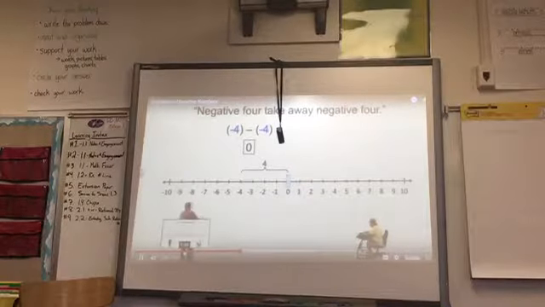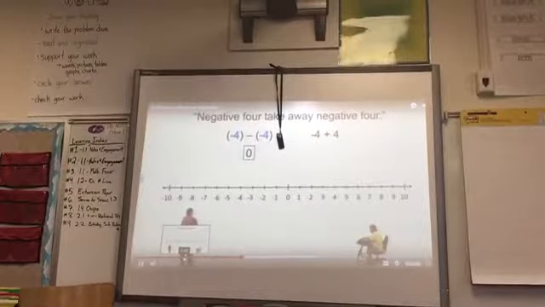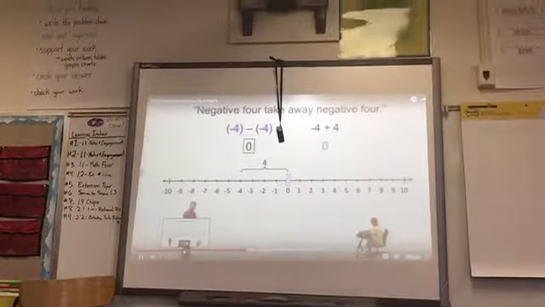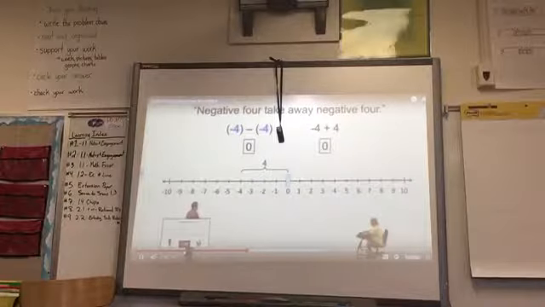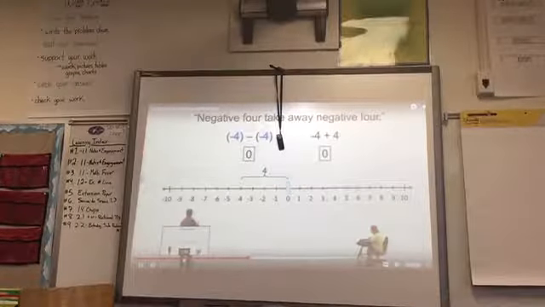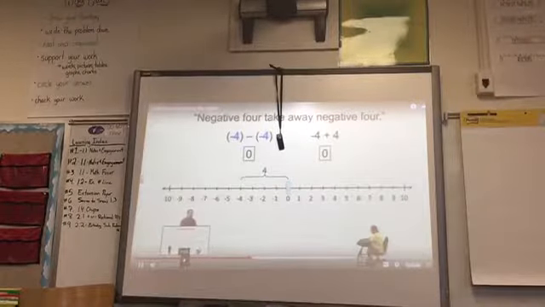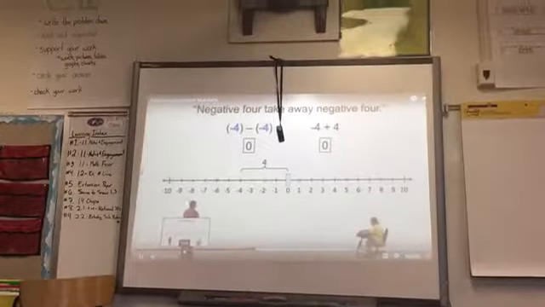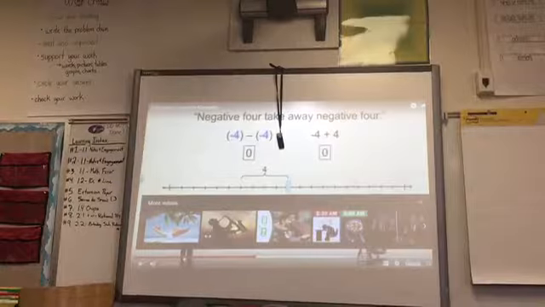Notice here, negative 4 plus a positive 4 gives us the same result on the number line. We end up at 0. So it must be true then that negative 4 subtracting negative 4 behaves the same as negative 4 plus 4, right? Because they both give you 0. So you guys see that?